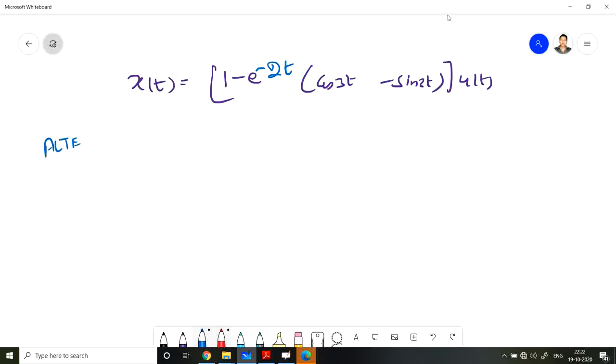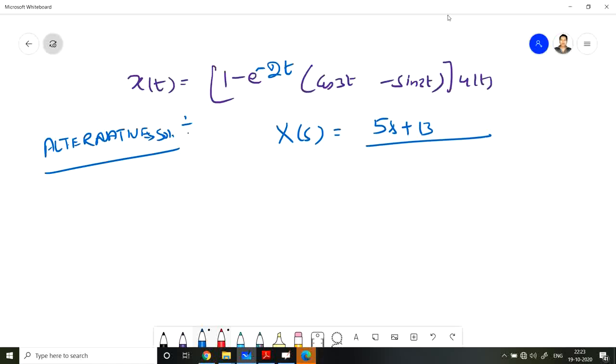An alternative solution is also possible. So we can write X(s) as (5s plus 13) divided by (s square plus 4s plus 13).